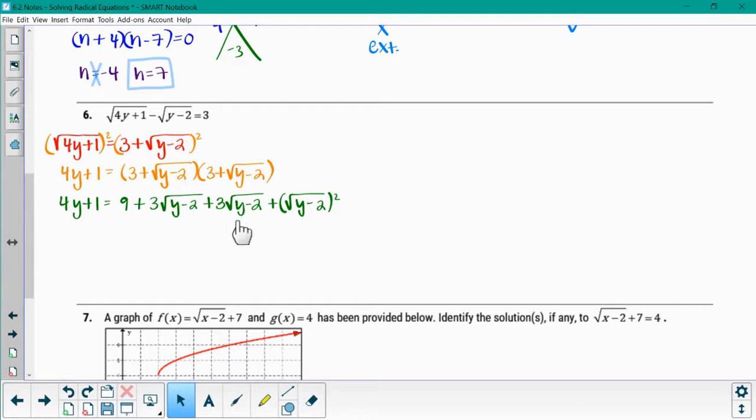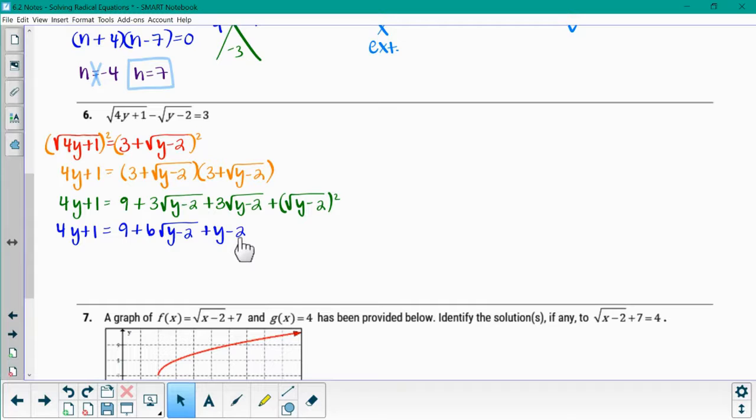times itself. Now, I'm going to do a little bit of simplification before I start anything else. The left-hand side is just staying the same so far. I added my two middle terms to give me plus 6 square root of y minus 2. And this square root and this squared cancel. So that leaves me with plus y minus 2.